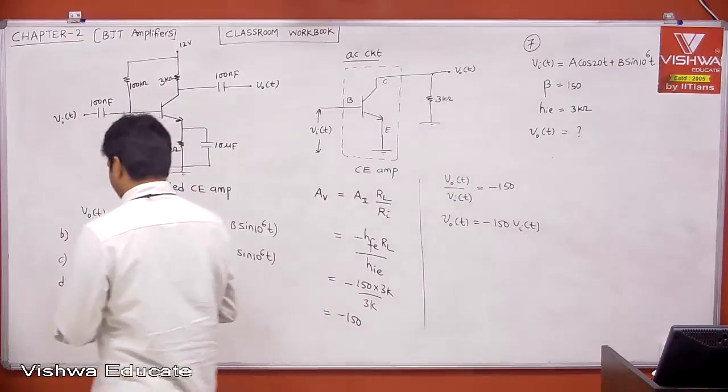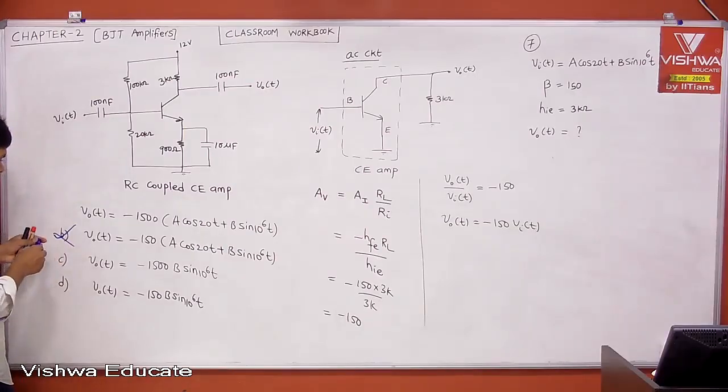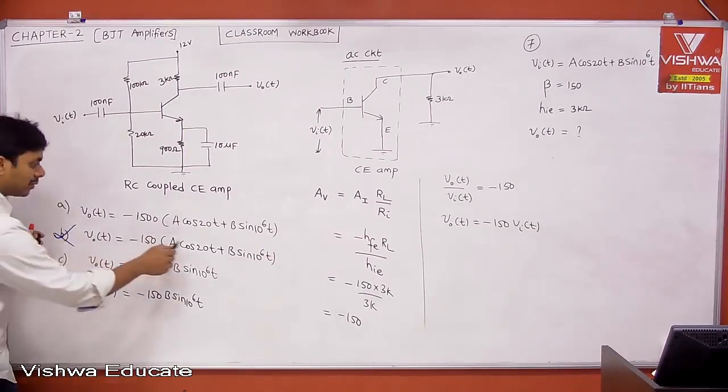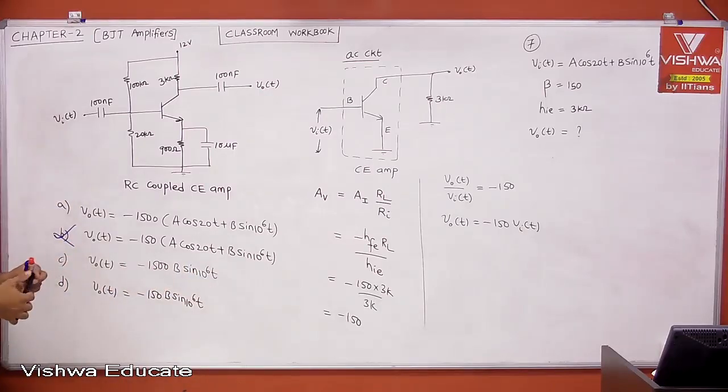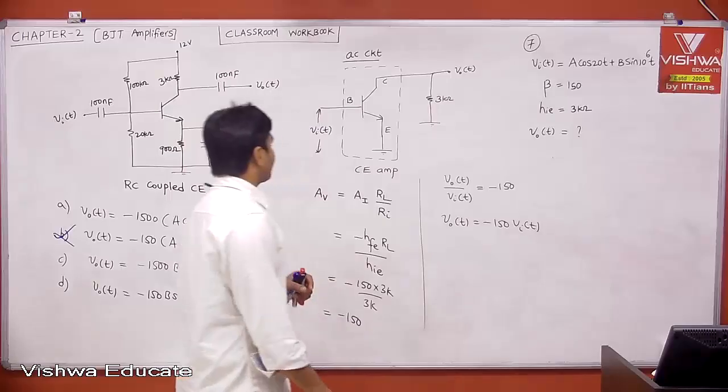Option B, but option B is not correct. Minus 150 into A cos 20t plus B sin 10 to the power of 60. We thought option B, but option B is not correct. Why?